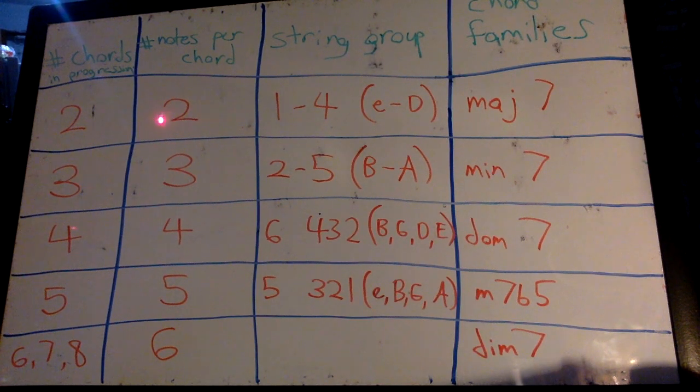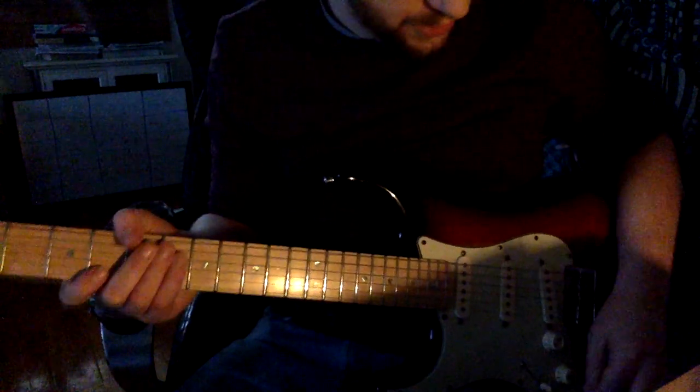And then same concept here. Try 3 notes per chord. So use your regular old triads, and then combine it with any of the numbers of chords in your progression. All right. Here is a 3-note chord progression.